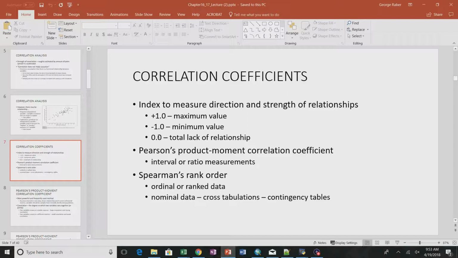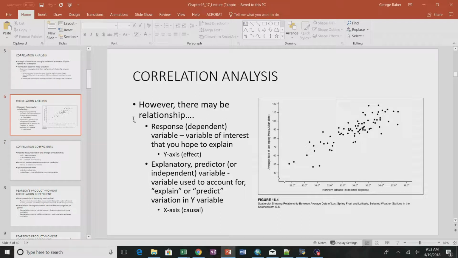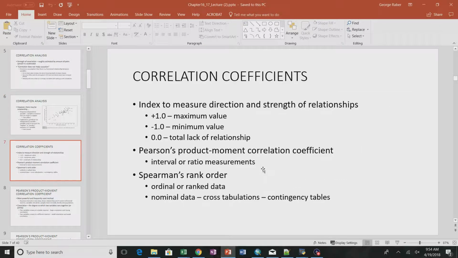So what we mean by rank order is 1, 2, 3, 4, 5, 6, 7, 8, 9, 10, just ranked rather than a number. Interval ratio here would be, this is an example of interval ratio data. This is latitude, which is a number, and this is average date of last spring frost, which is a number, starting at 0 January 1st and continuing onward.